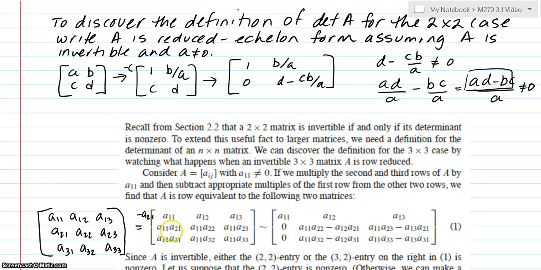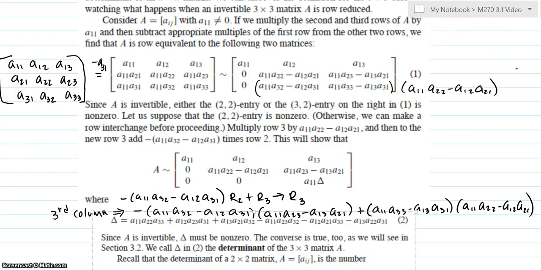If we do that, they get a 0 here, and this is where they get this term: A11 times A22, and then they subtracted A21, A12, and so forth. I'm just going to work with this one right here, taking the negative of this term, multiplying by row 2, adding to row 3, putting it in row 3.